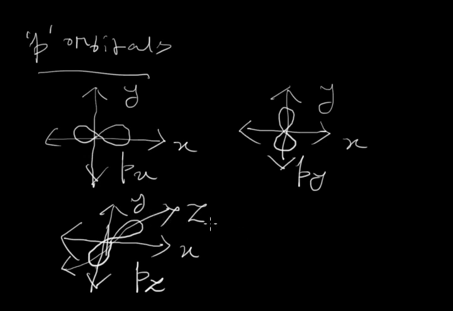So there are three p orbitals. All of them are dumbbell shaped. If the dumbbells are extended along the x-axis, it is called the px orbital. If it is extended along the y-axis, it is called the py orbital, and if it is extended along the z-axis, it is called the pz orbital.